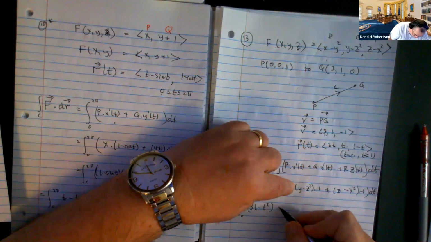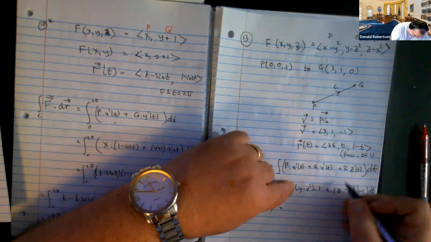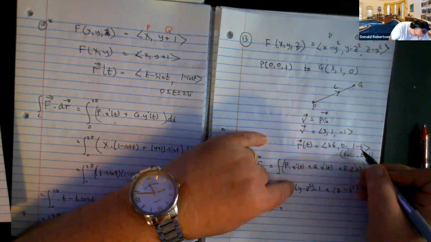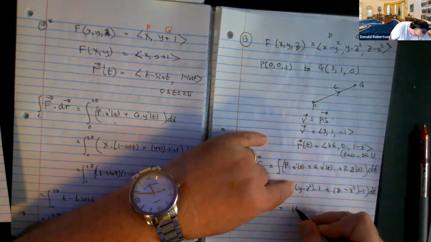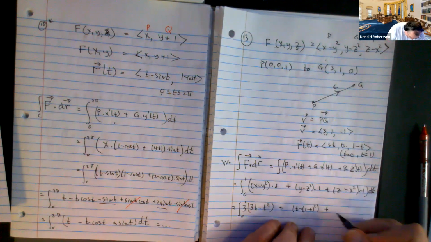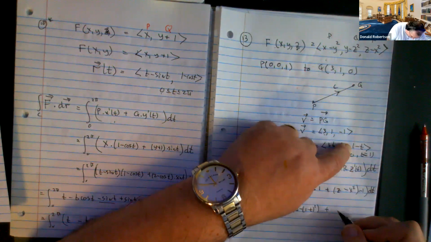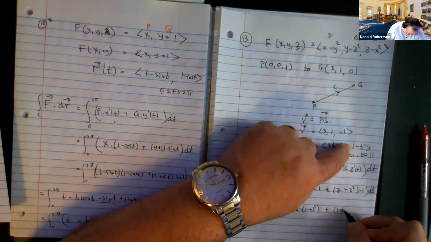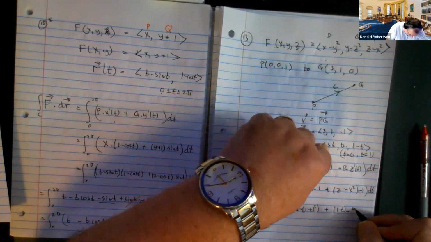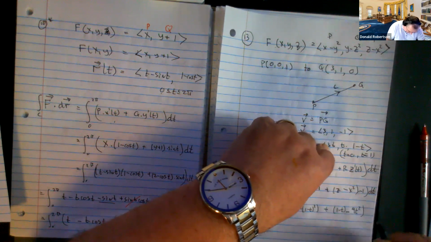The next one is y, which is t, take away z squared, which is that guy. So it's t, take away 1 minus t squared, times 1. And then I've got z, which is this guy, take away this guy squared, which is 9t squared, dt.